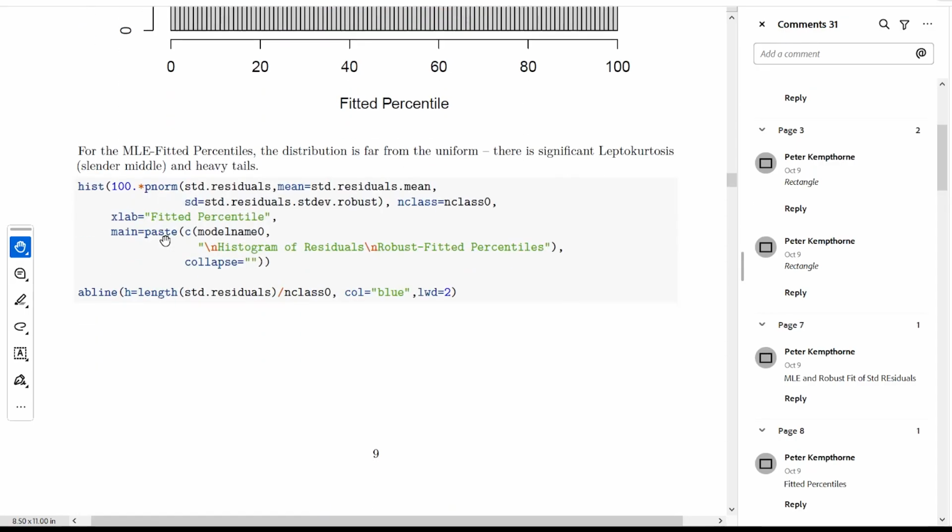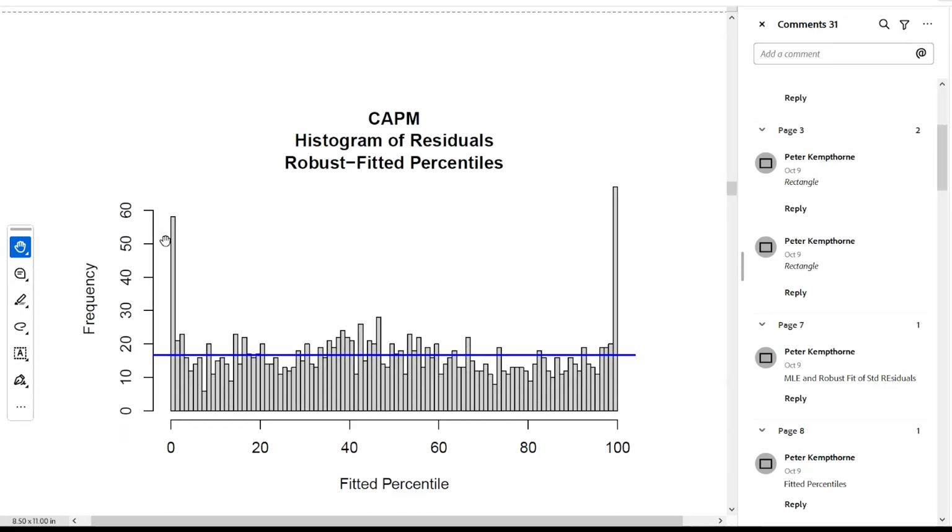And if instead we consider fitted percentiles from the robust estimate of the variance, then the fitted percentiles of the residuals are consistent with uniform in the middle of the data, except in the top 1% and the bottom 1%.